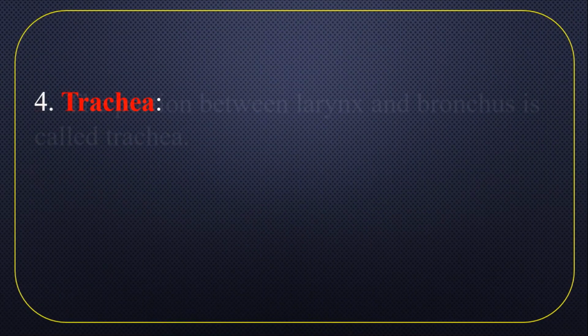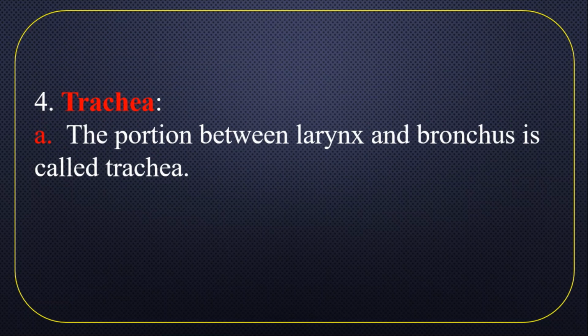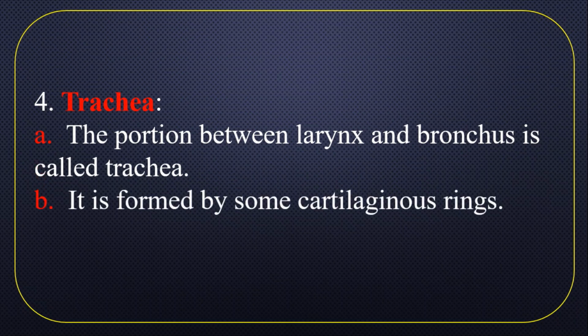Trachea. The portion between the larynx and bronchus is called the trachea. It is a long tube-like structure. It is formed by some cartilaginous rings. What is a cartilaginous ring? The rings which are formed by cartilage. What is cartilage?